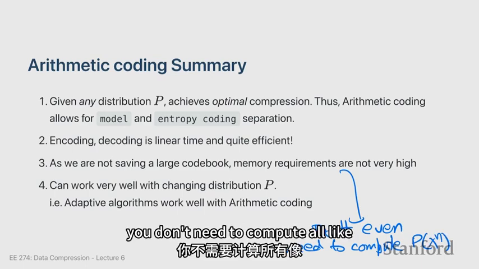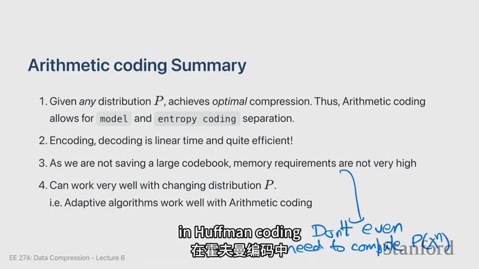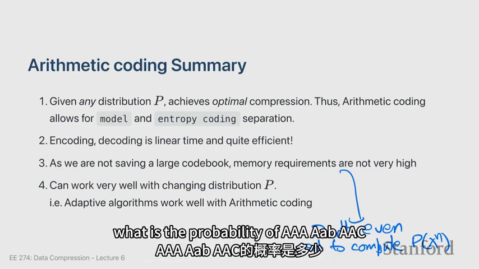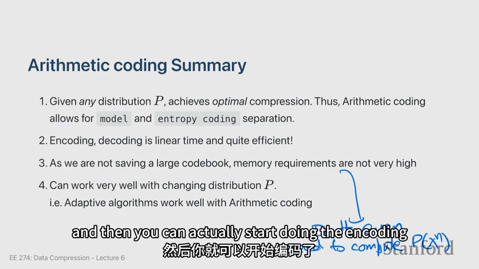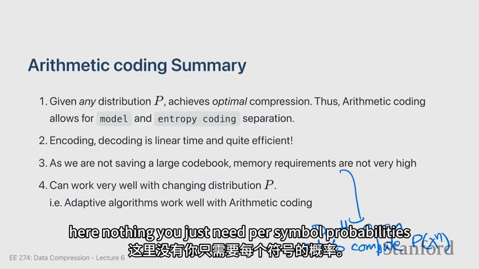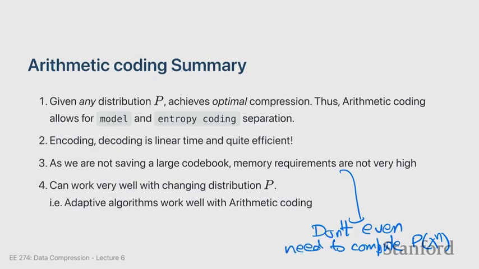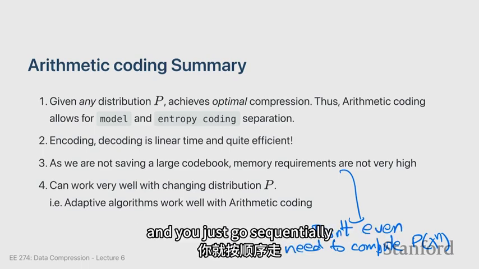In Huffman coding, you would first make a table of the probability of AAA, AAB, AAC, BAA, and so on. You need to make a big table before you can start encoding. Here, nothing. You just need per-symbol probabilities and you go sequentially.